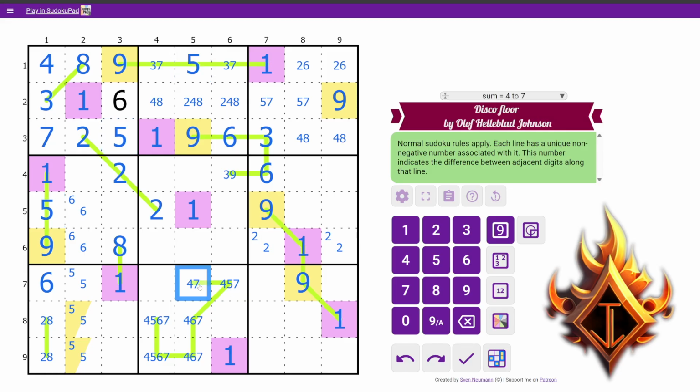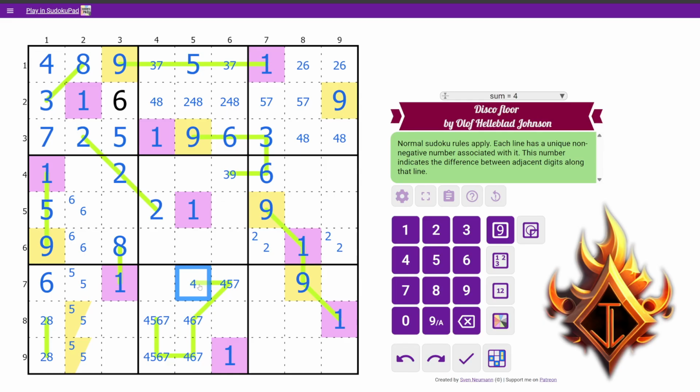This cannot be a 7, as it would have to be 6, 6 here. It could be 8 though. Oh no, it can't.